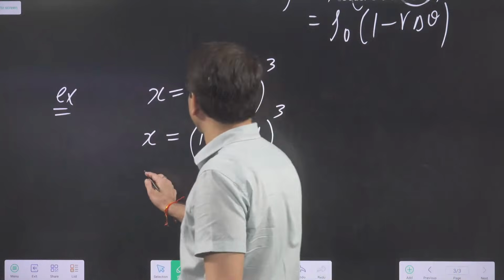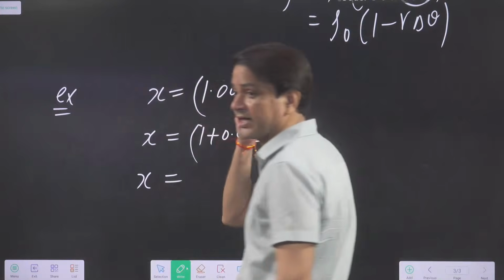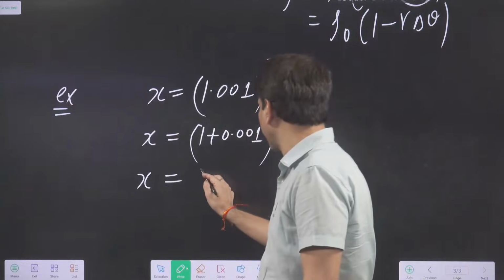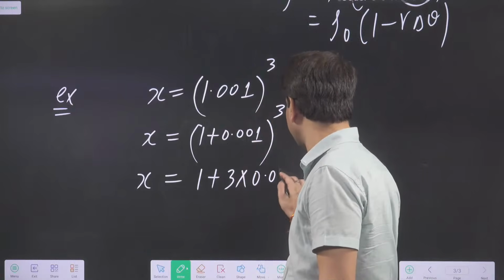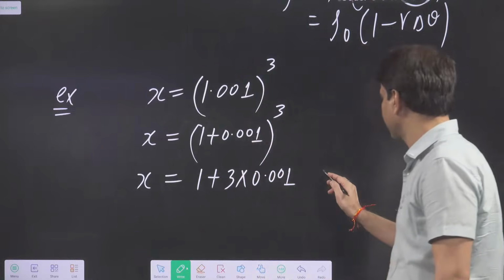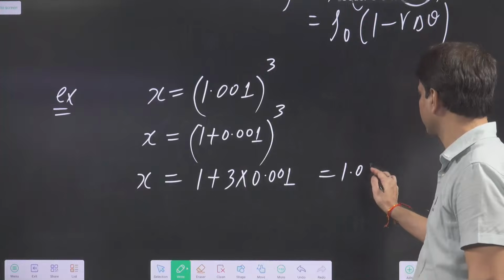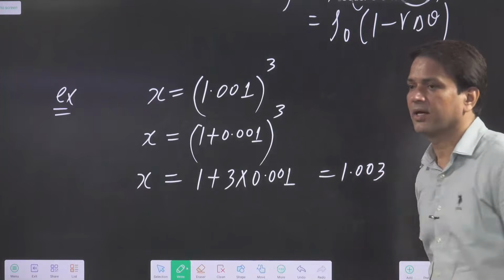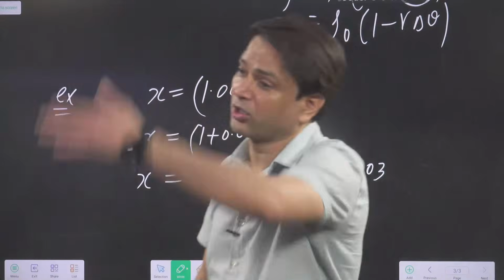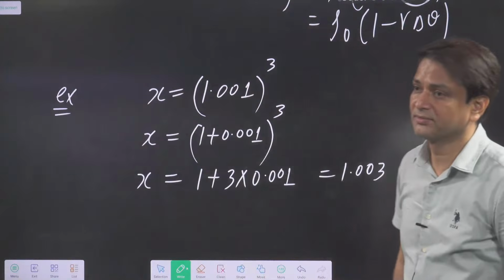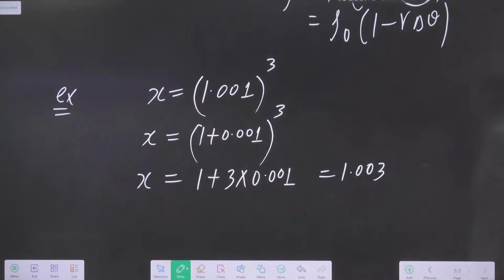Then we can write it as 1 plus nx. So 1 plus n, which is 3, into x, which is 0.001. Then you will get 1.003. Everybody got it? After multiplying also you can check; ultimately we will get the same, because the difference will not appear until the fourth or fifth decimal place. Everybody got it?